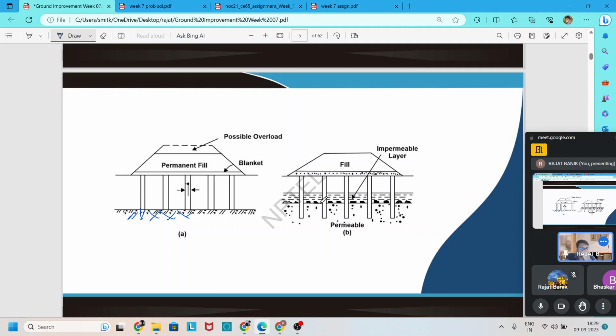If any impermeable layer is present in between permeable layers, the vertical drain should cross this impermeable layer, and up to that the drainage is happening. So remember that if we apply the vertical drain for an impermeable layer, the vertical drain should cross or be greater than the impermeable layer.